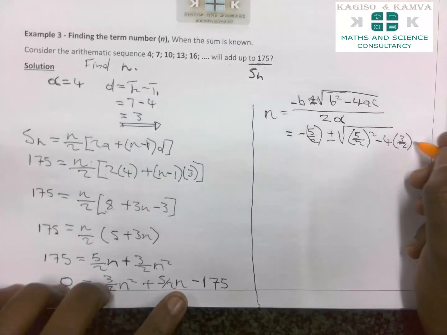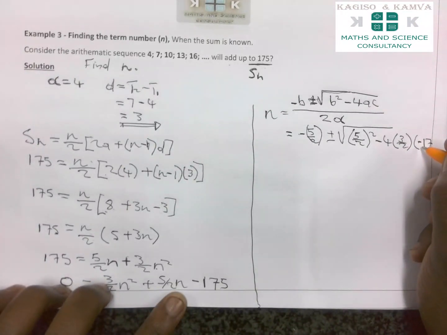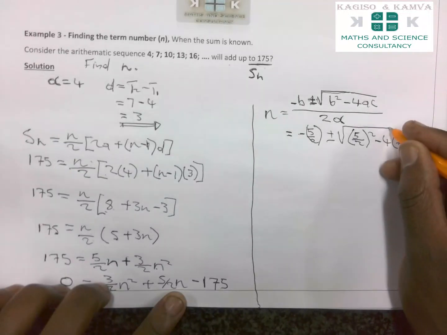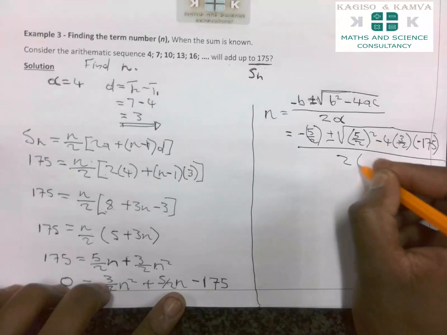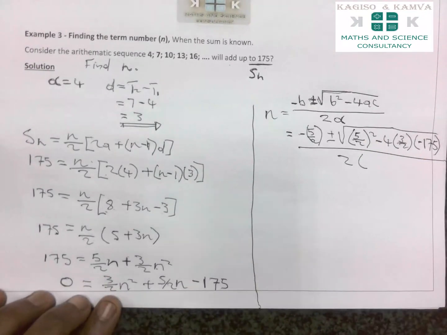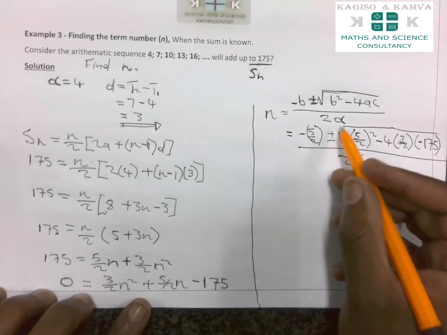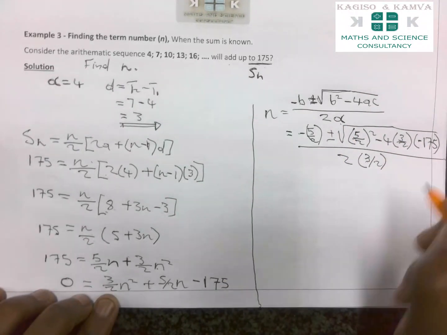Okay, c is negative 175. Okay, all over 2 into, what is it? 2a, which is 3 over 2.